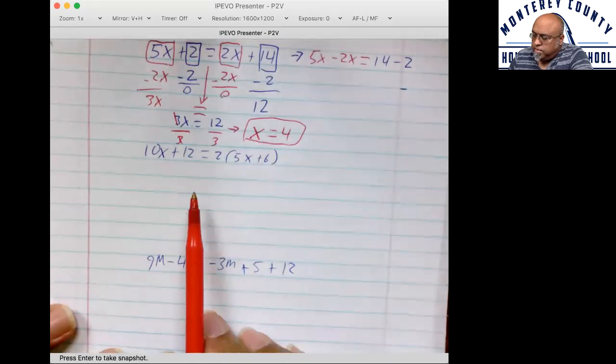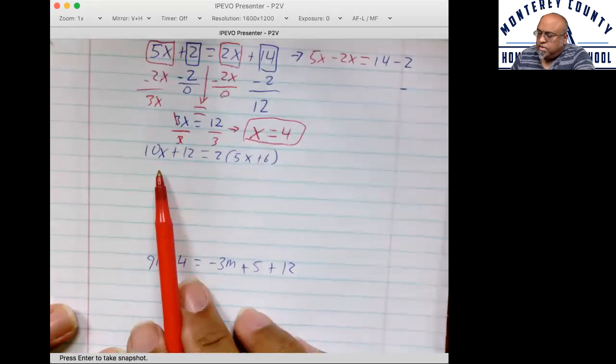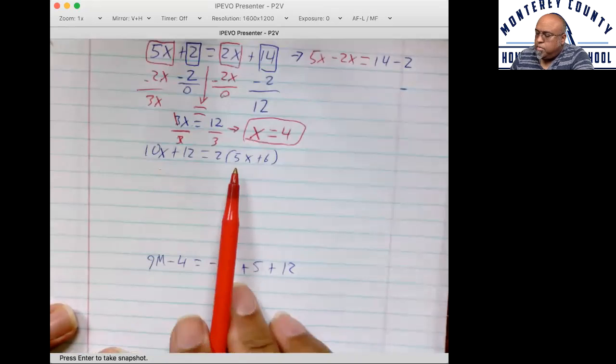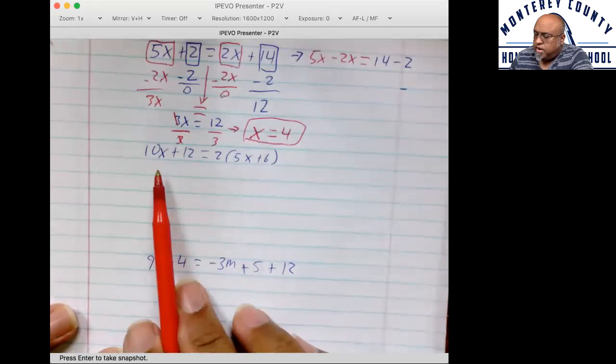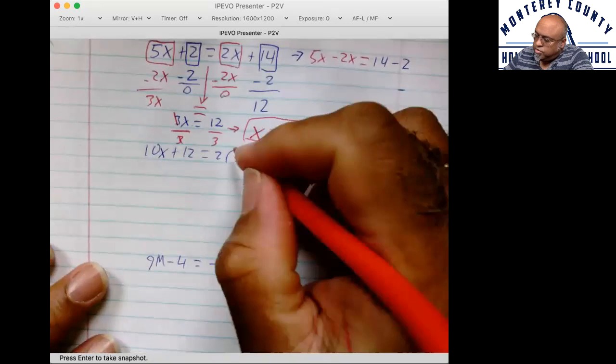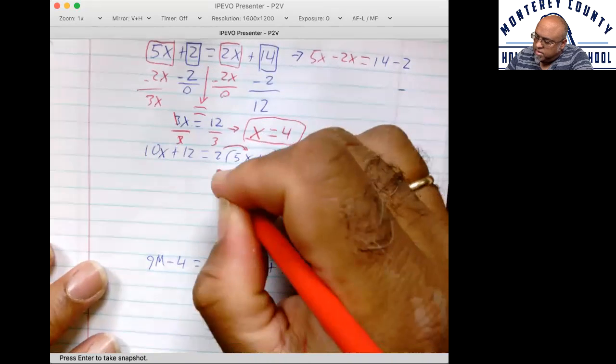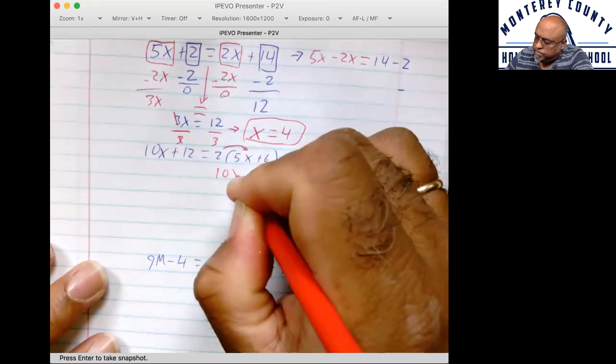So first, I have parentheses here, and I don't have parentheses on this side. In order to move 5x over to this side, I have to get rid of the parentheses. How do you get rid of parentheses? Evelyn, you're right. You need to use the distributive property. So let's distribute the 2. 2 times 5x is 10x.